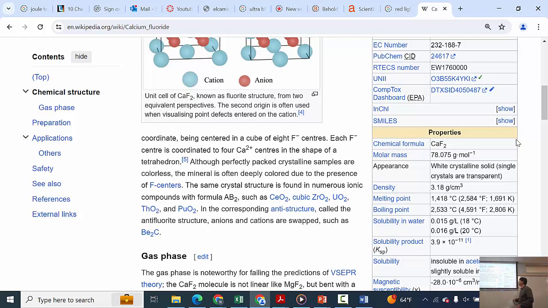We can do that because fluorine's 19 grams per mole. So I have 19 grams per mole, and I have 0.016. 0.016 divided by 19 is 0.0008 moles per liter. 0.0008 moles per liter is less than the cutoff, so we'd say it's insoluble. So calcium fluoride is insoluble.